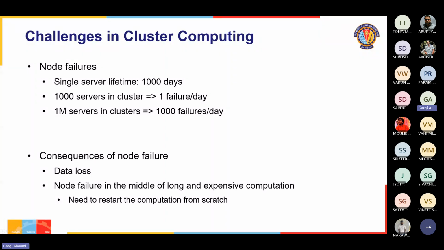If we have 1 million servers in clusters, 1,000 failures a day can happen. Now, what will happen if a node fails? There will be data loss. And what if this node fails in the middle of a very long and expensive computation? We will have to restart the whole computation. So the performance gets degraded significantly.